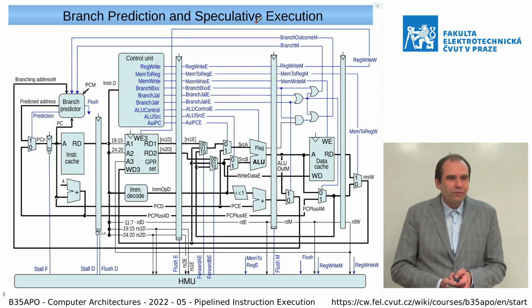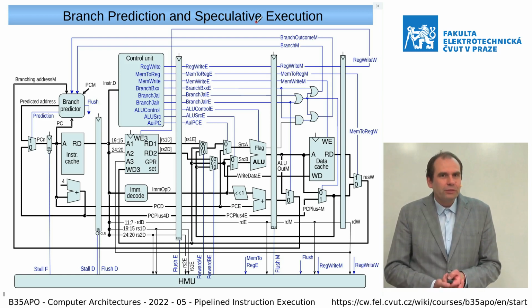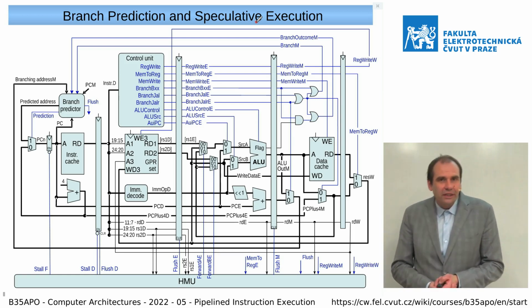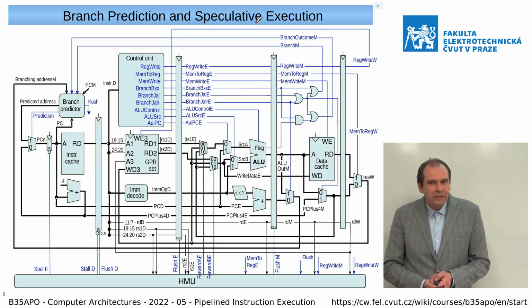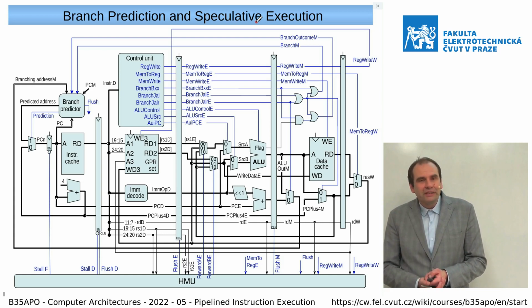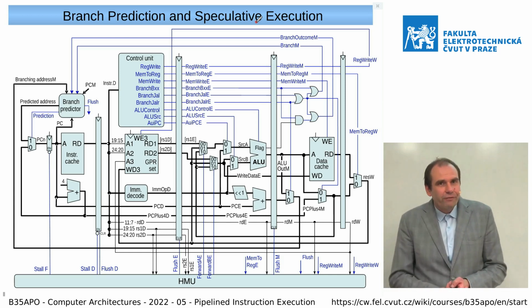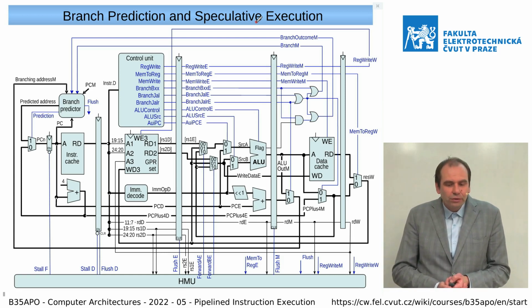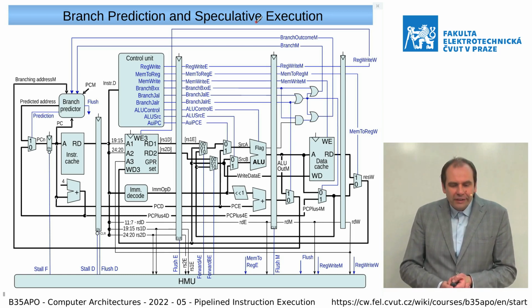On the Pentium 4 there can be up to 100 instructions which need to be flushed if we do a branch. So in fact you lose almost all the execution speed, because in a typical business application the branch is taken every 5th or 10th instruction. So the loss of speed would be too big. So what to do with this?